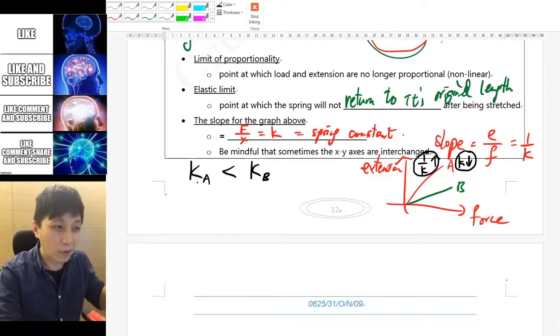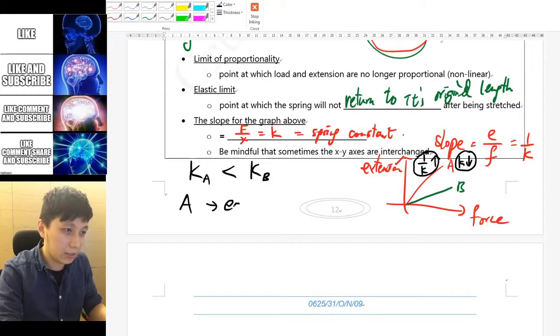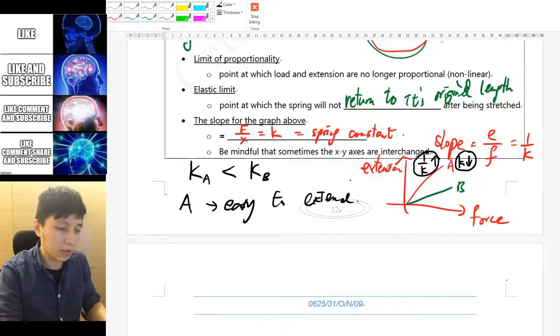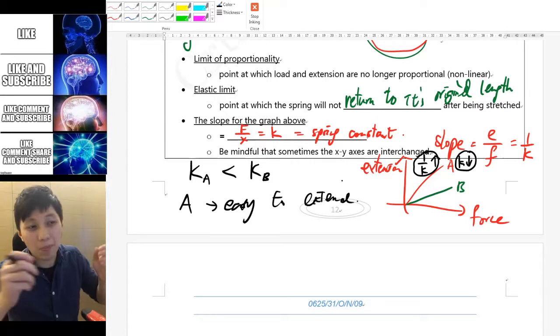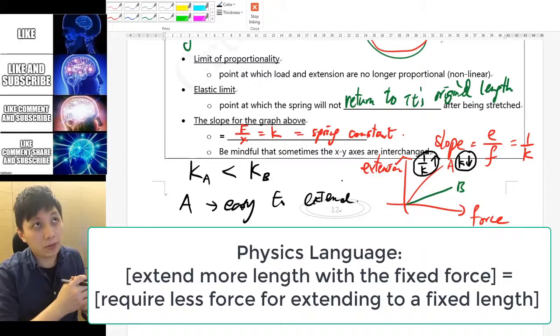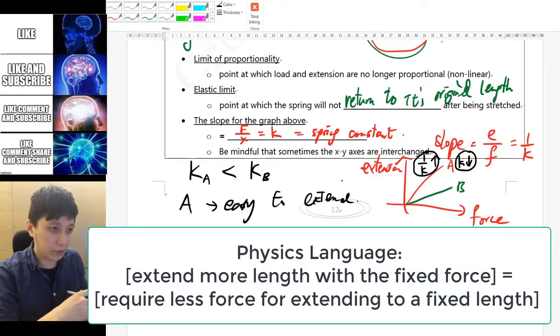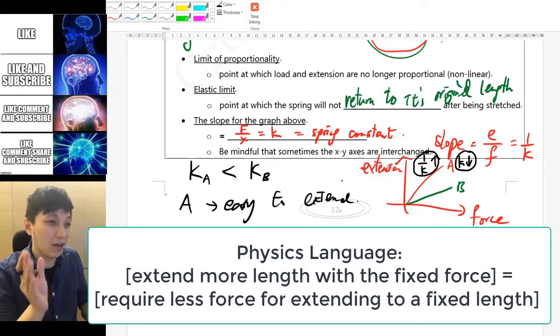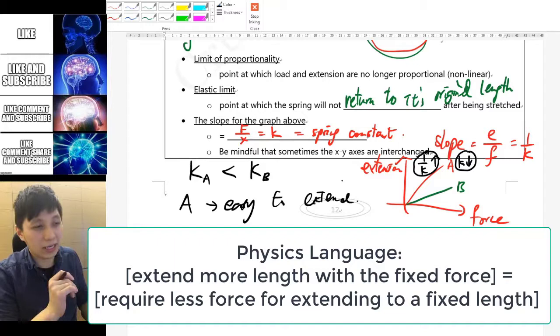So that means A is easier. So A is the one that is easier to pull, or to extend, I should say. It will extend more with the same amount of force, or it will extend the same length with less force. So this is one way of looking at the slope to deduce the answer.